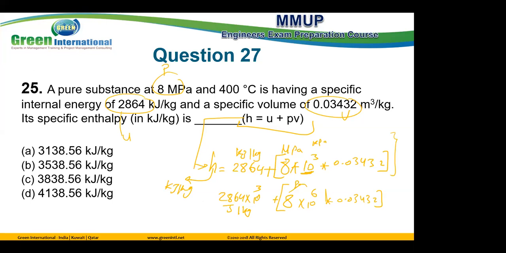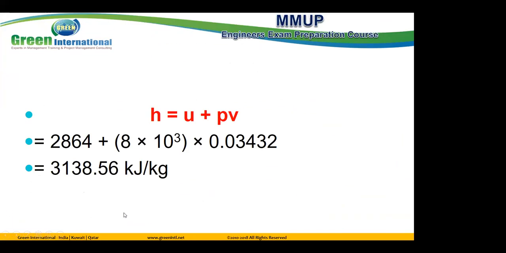The answer required is kilojoule per kilogram. So if you calculate by the second step, you will get an answer with more zeros. For example, if the correct answer is 3138, you will see 3138560 or similar, because the digits are placed after the decimal point like this.